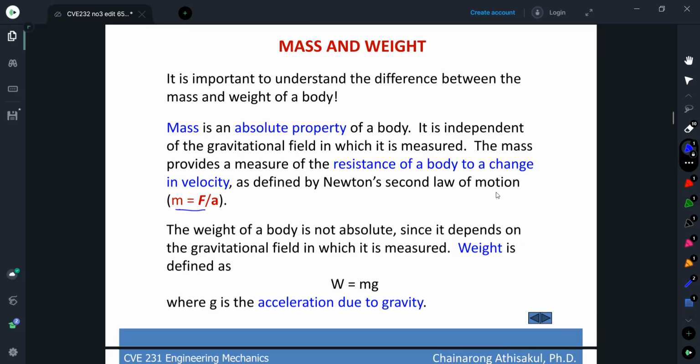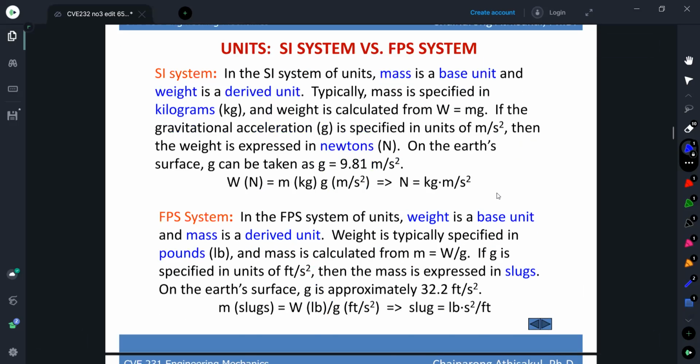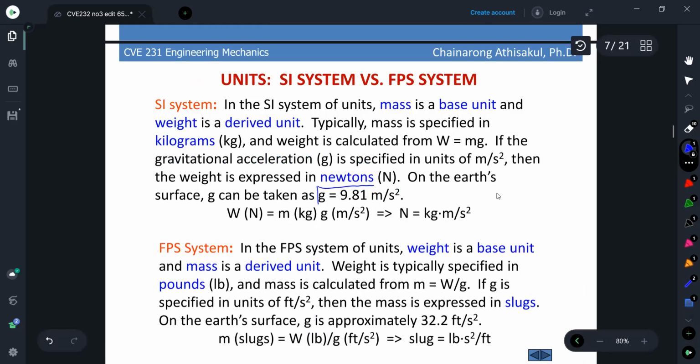Weight is defined as W equal to mg, where g is the acceleration due to gravity. In SI units, g is equal to 9.81 meters per second squared, but in US customary units, g is 32.2 feet per second squared.